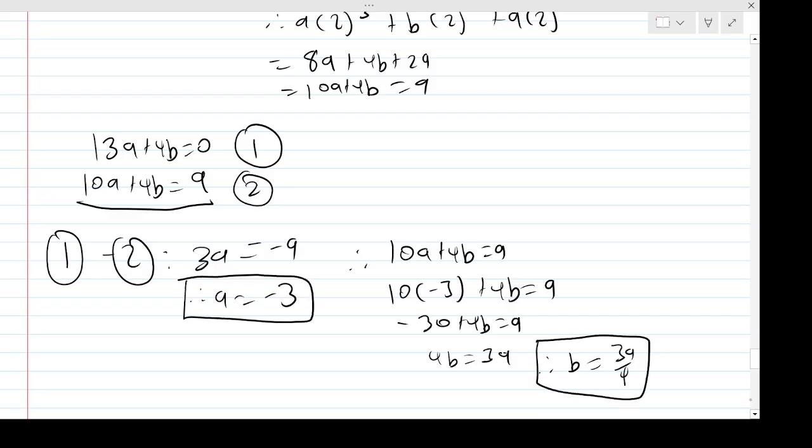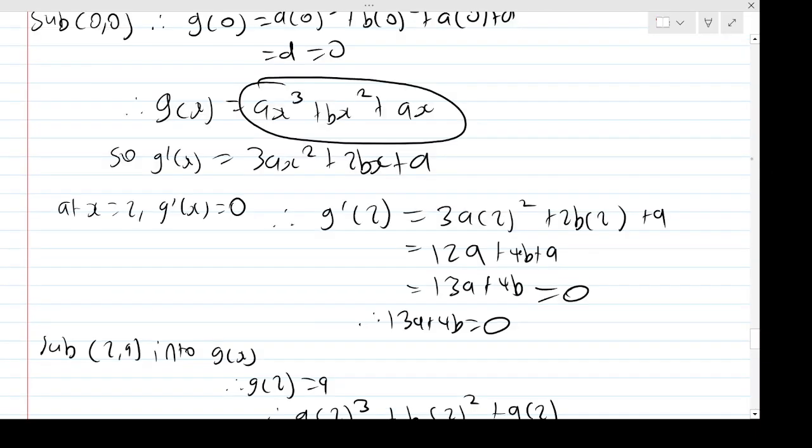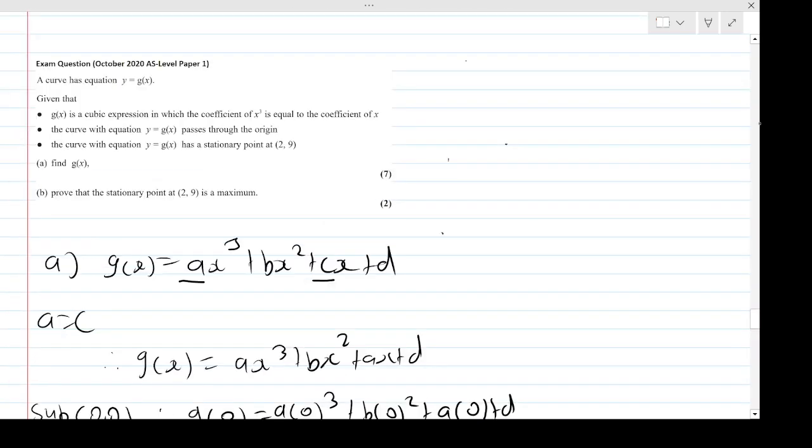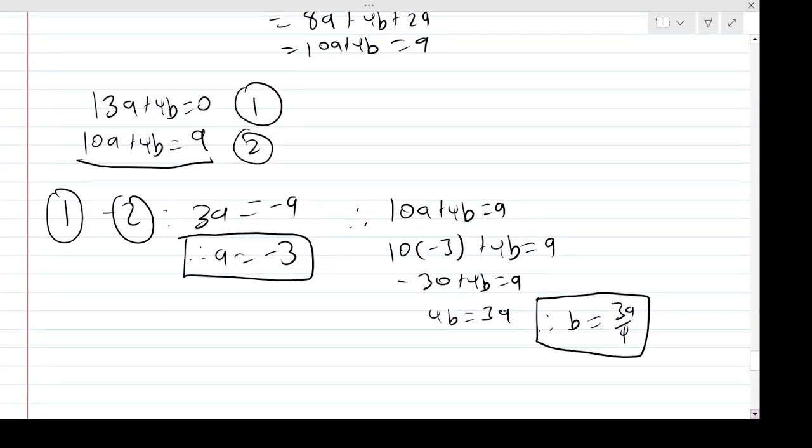Okay, so I found all my coefficients now for g of x. If I remind you, g of x was ax cubed, add bx squared, add ax.